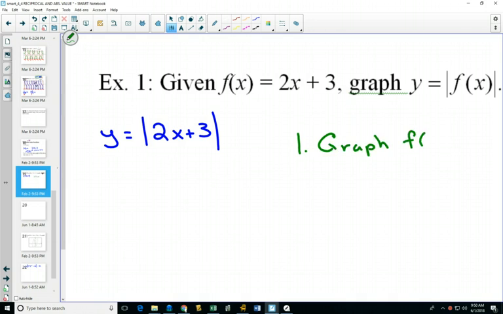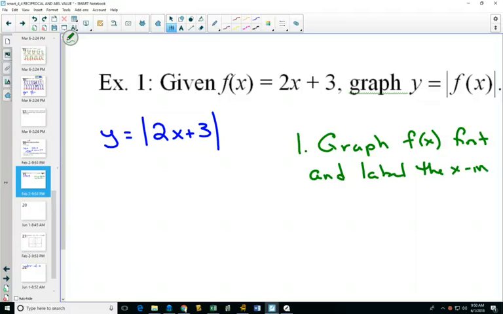we're going to graph f of x first, and label all of our x-intercepts.